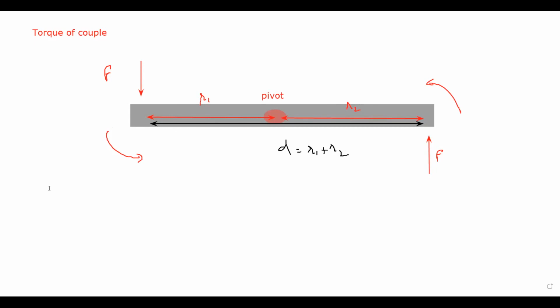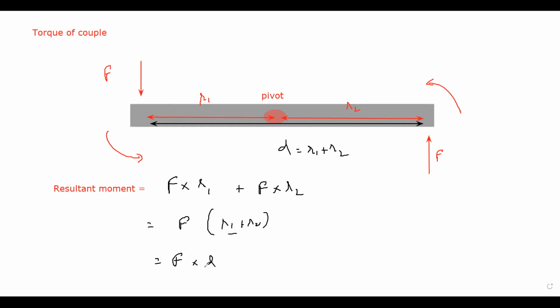When we calculate the resultant moment, because the two moments are in the same direction, we add: force multiplied by distance R1 plus force multiplied by distance R2. If I take F common, it will be F times R1 plus R2, and R1 plus R2 is equal to D.